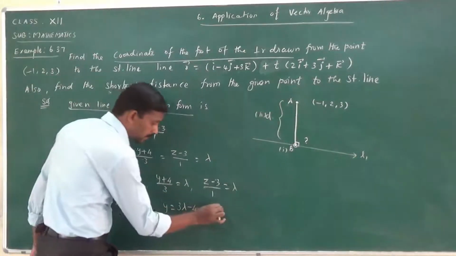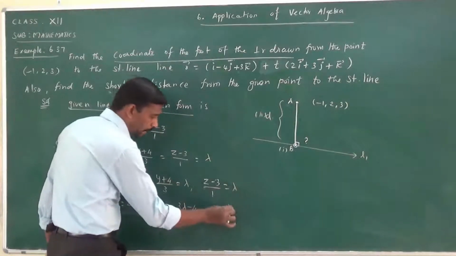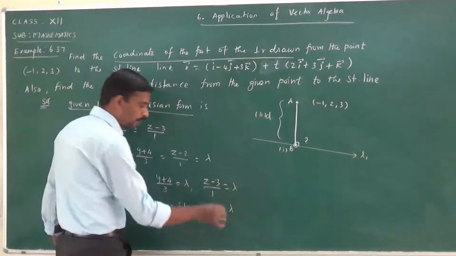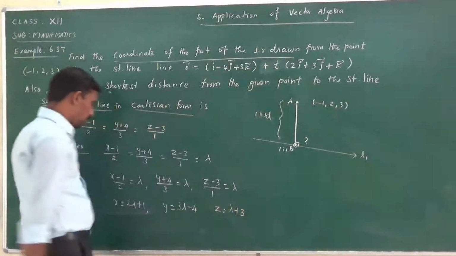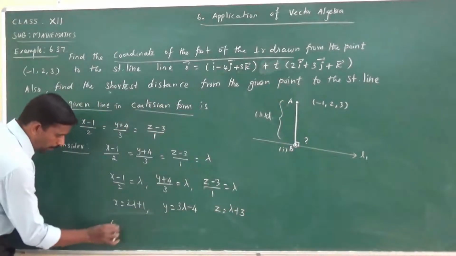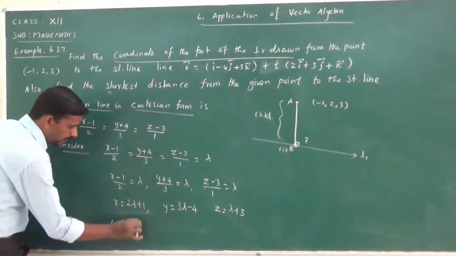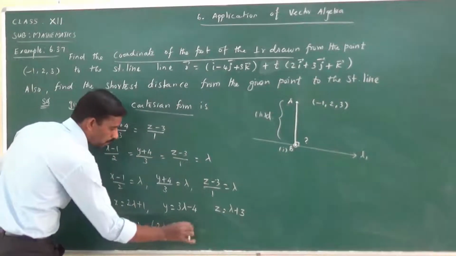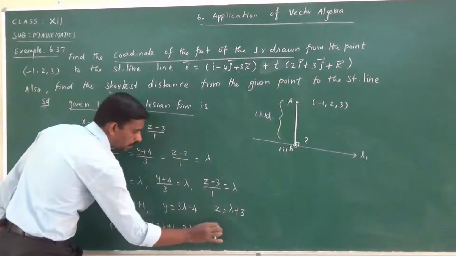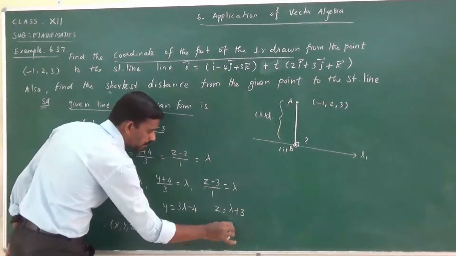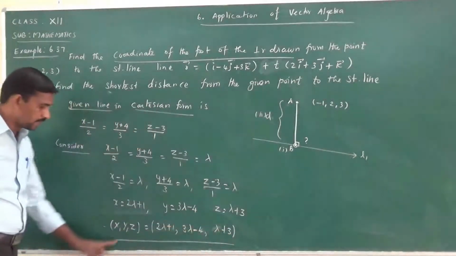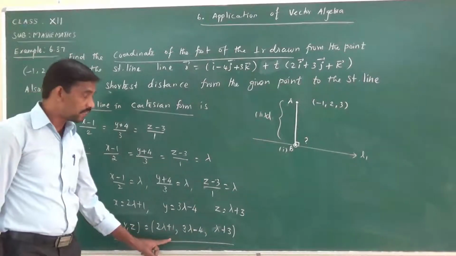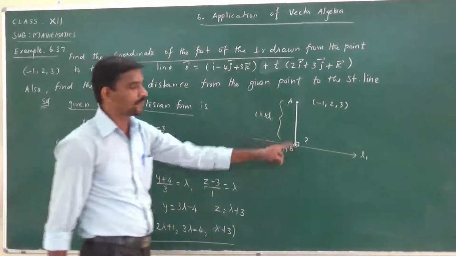Here z is equal to 1 into lambda, lambda, minus 3 goes to that side, plus 3. Therefore, the point x, y, z is equal to 2 lambda plus 1, 3 lambda minus 4, and lambda plus 3, since this point lies on the line.